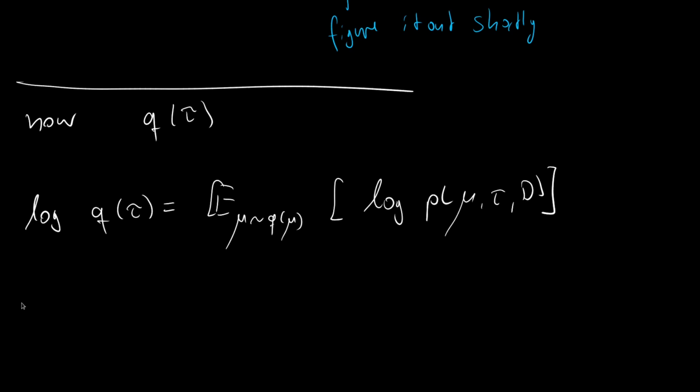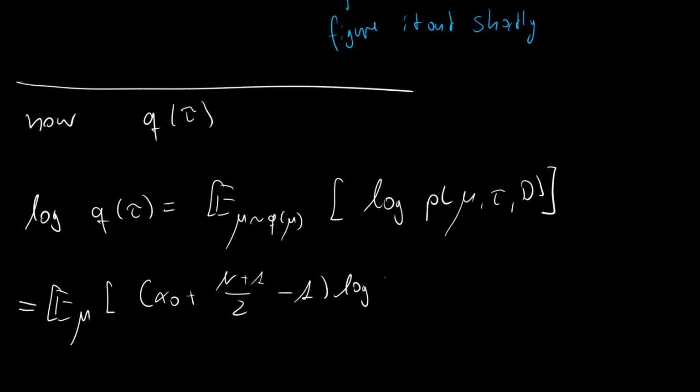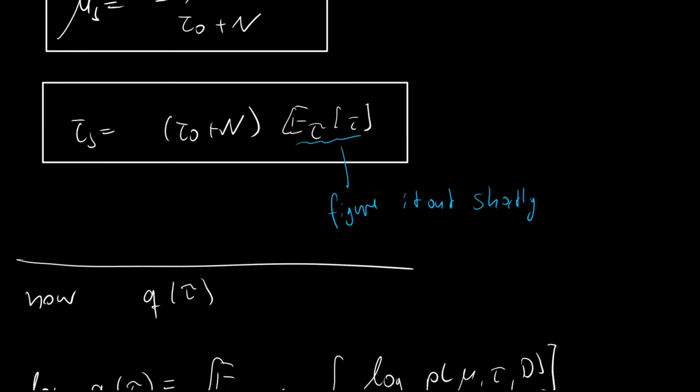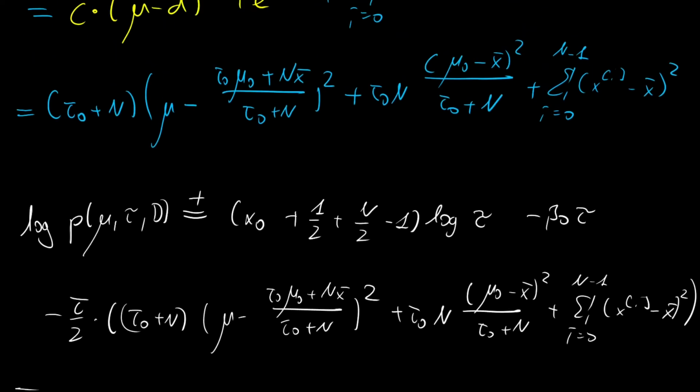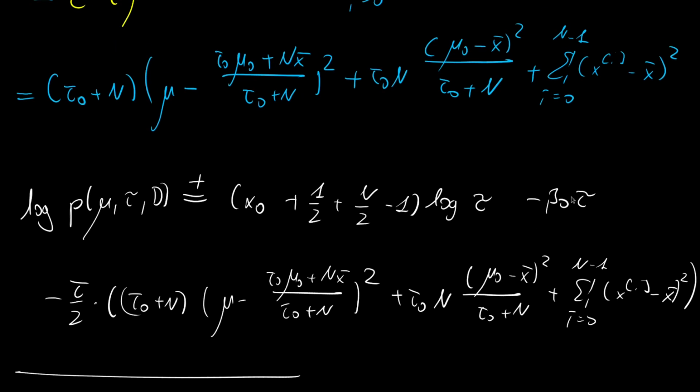And here I will note it down once again, just for the reference. So we have the expectation over mu, and we have alpha 0 plus 1/2 plus n over 2, which is just n plus 1 over 2, minus 1, times the logarithm of tau. And then here I will also move the beta 0 tau, that you might see, where is it? Here it is, also into this term, and then I have like one big tau term.